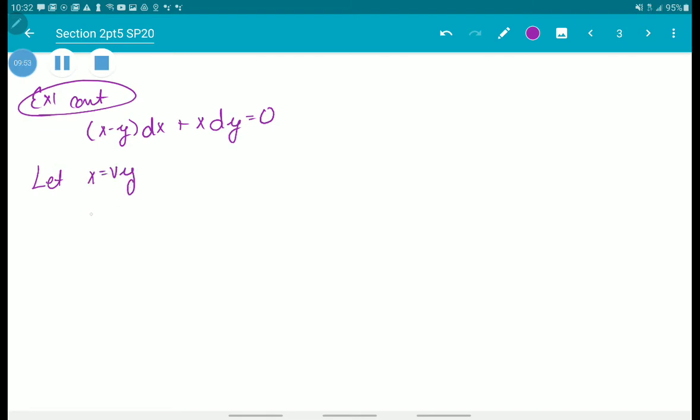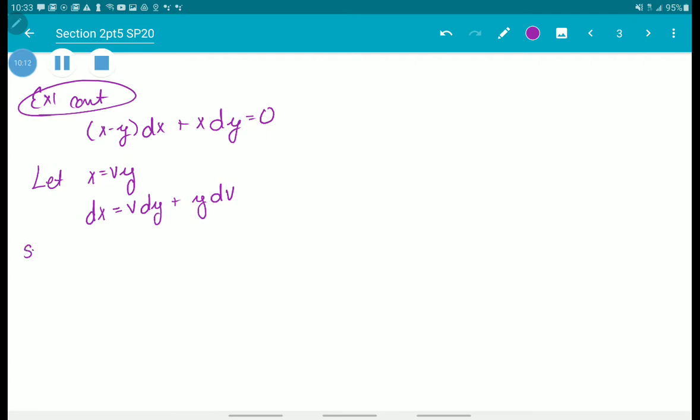So to take the derivative of x, so we have a substitution for dx, we're going to use product rule again. So it's the first times derivative of the second plus second times derivative of the first. So dx is v dy plus y dv.